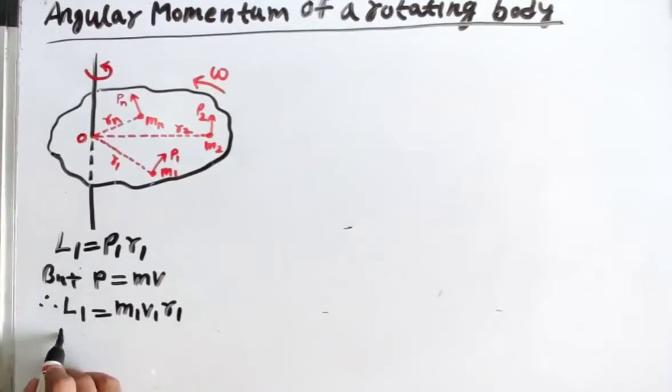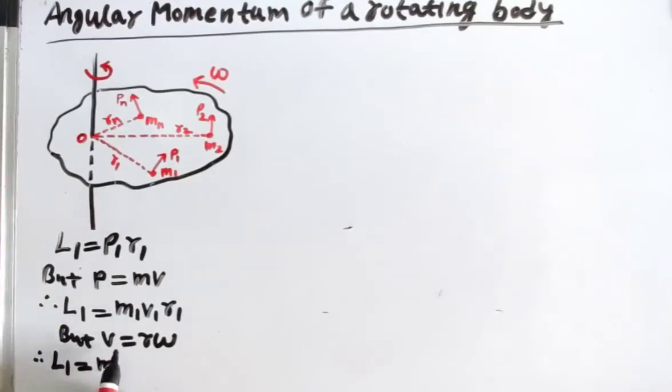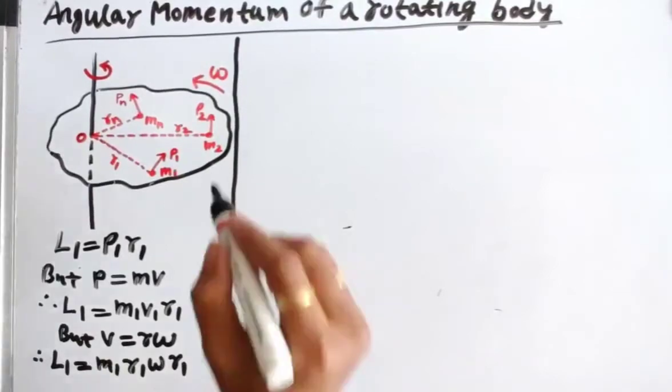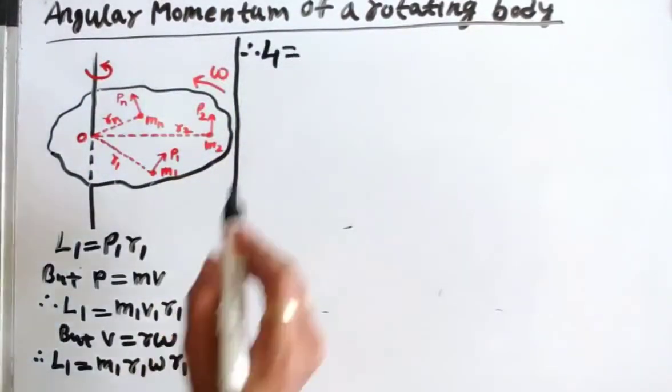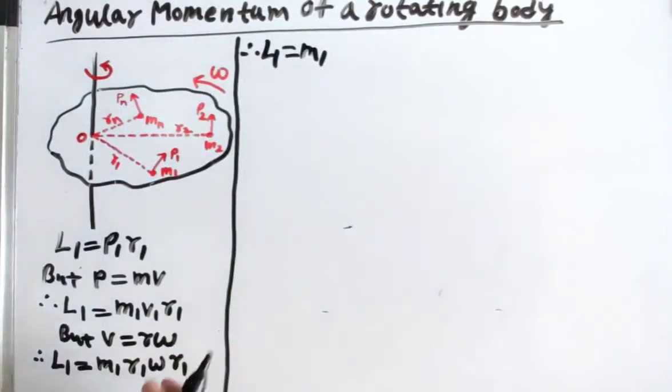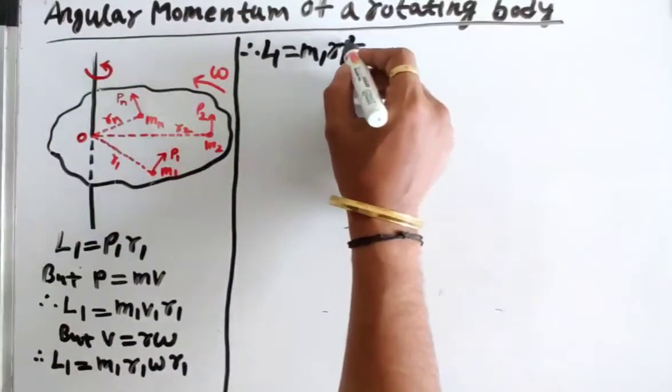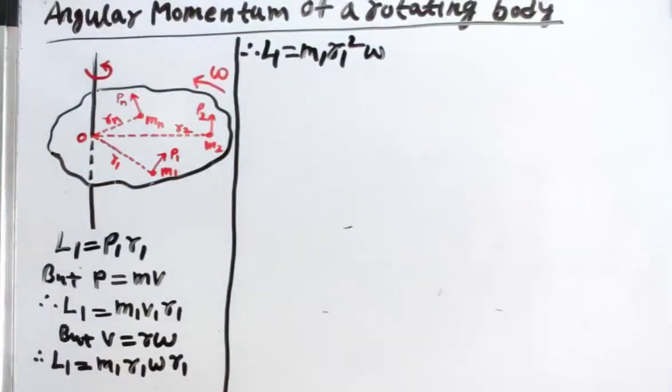But we know one more relation, v = r omega. If we substitute this, we get L1 = m1 r1 omega into r1. Therefore L1 = m1 r1 square omega.